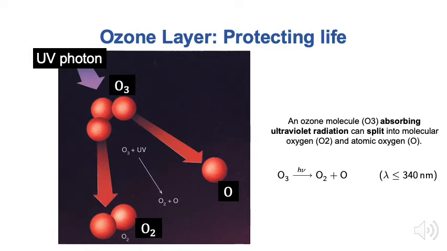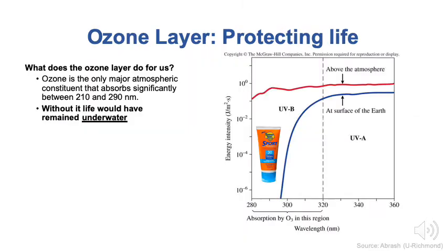And that causes that ozone molecule to dissociate, if it's at the right wavelength, into an oxygen molecule, O2, and an atomic oxygen, O. This is written in chemical reaction form as O3 with the right arrow and h nu, indicating, again, this is not a molecule, it's just a photon coming in, just energy added to the system, and it dissociates to O2 and O. You can see that this requires a photon with a wavelength of at most 340 nanometers. So again, you need relatively high energies or short wavelengths.